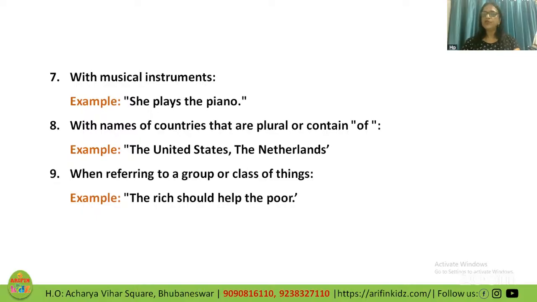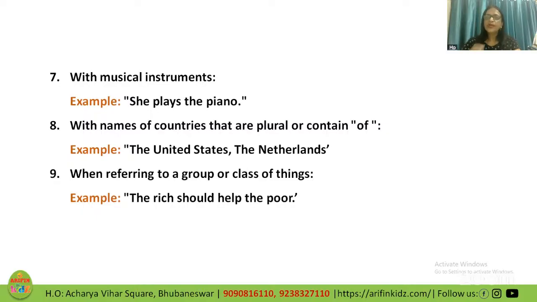We don't use "the" before a proper noun. But some countries like the United States of America, the United Kingdom, the United Arab Emirates, which is UAE, then the Netherlands, the Philippines, those consist of states and kingdoms.